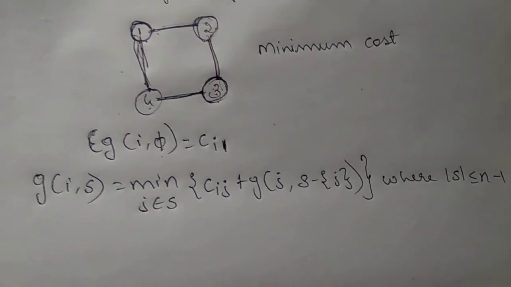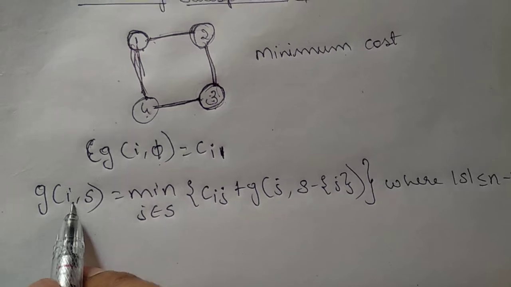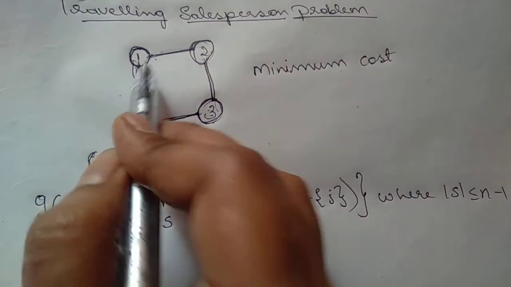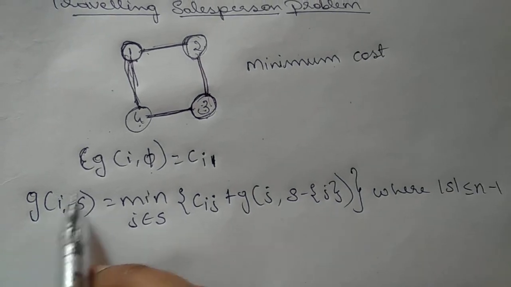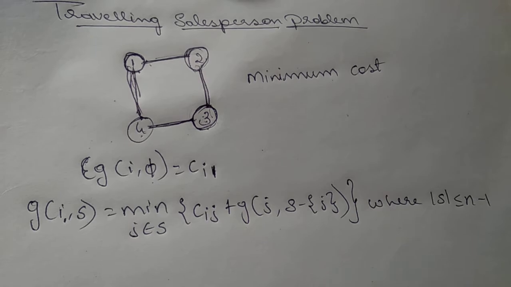I'll tell you how we are going to do this. What is this i? i is the current vertex we are taking. For example, if I start with 1, then the i value will be 1. If I start with 2, the i value will be 2; 3, then 3; 4, then 4, like that.